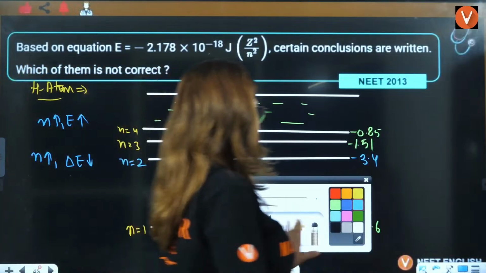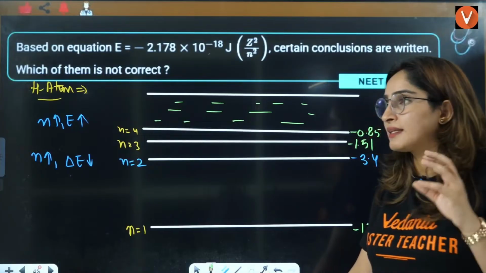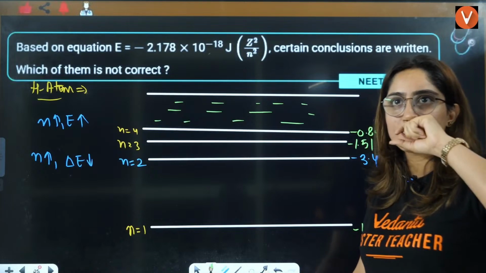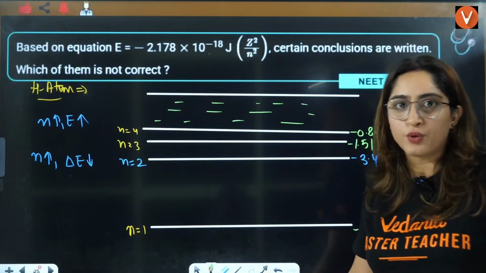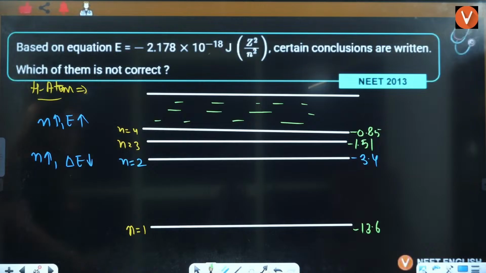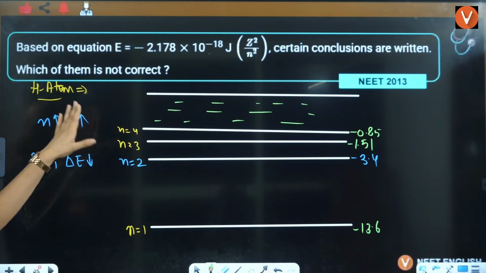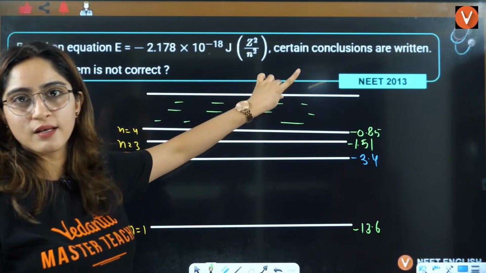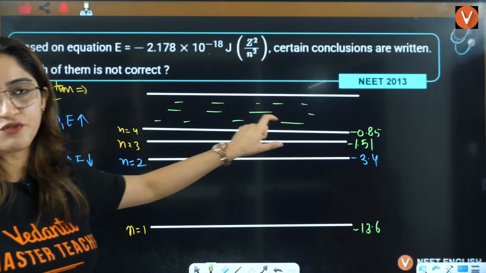So this is what we want to say here, that when you go beyond a certain point, let's say at n is equal to infinity, energy is going to be 0 for that electron, because n will become infinity. So you must remember, I am talking about this with the negative sign. If you talk about only the magnitude, the magnitude of energy is decreasing. I am talking with the negative sign.